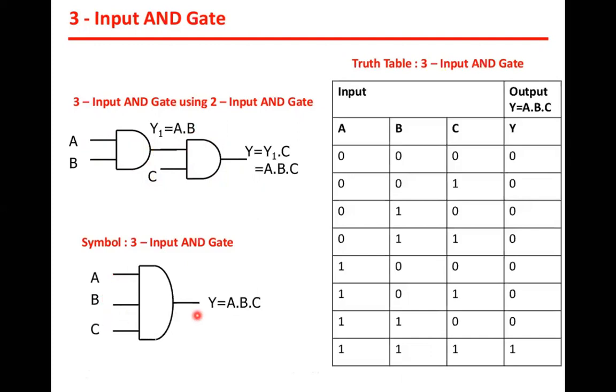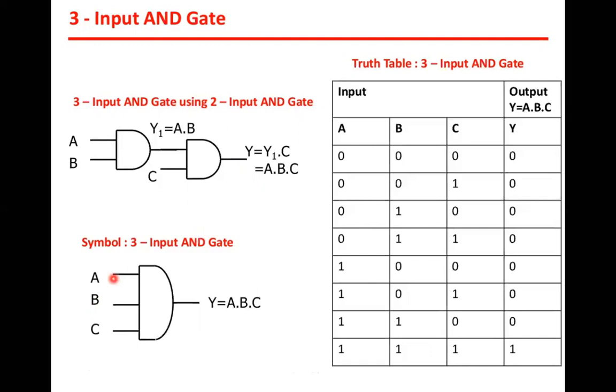As we have studied in the case of 2 inputs, Y was equal to A dot B. So here it will be A dot B dot C. Now just see here, go through this, because as I said, how many combinations it will have depends on how many inputs we have given, here 3, and this is all about the logic, the binary numbers.